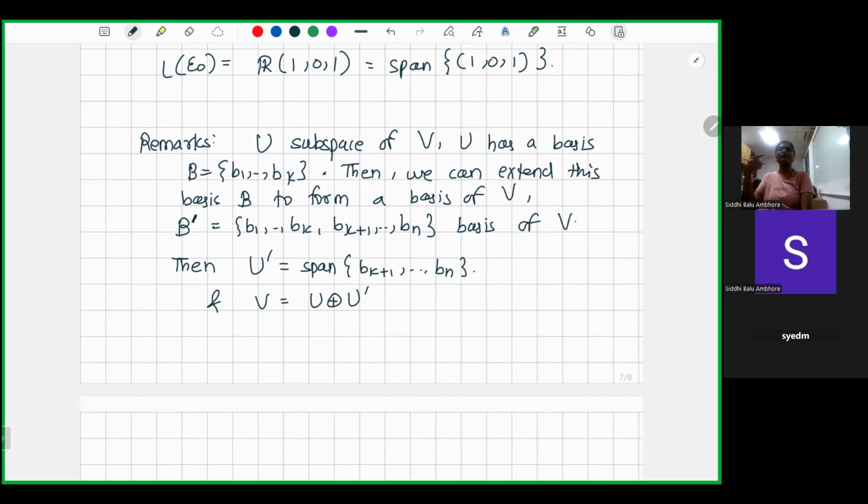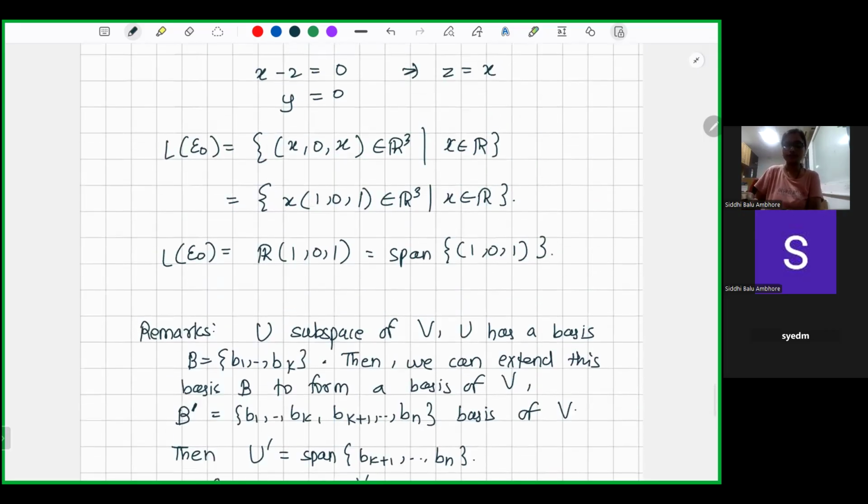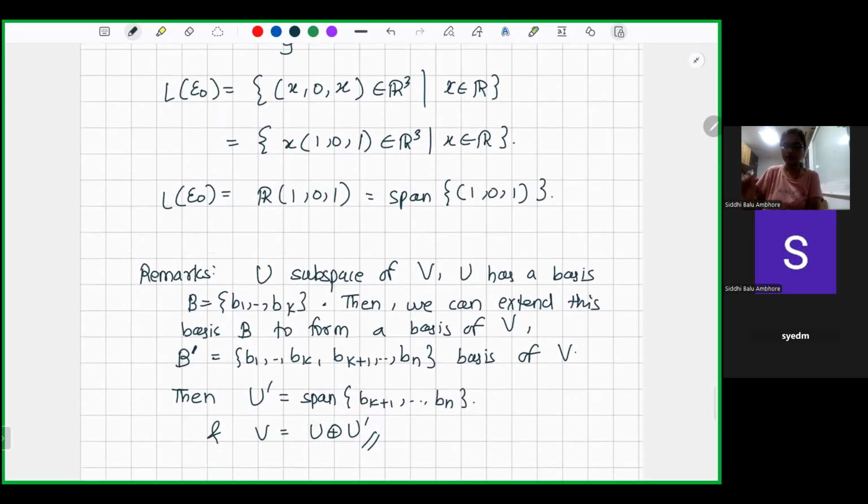Okay, we can obtain such a basis of V, and this is how we get the complement of a subspace in a vector space.